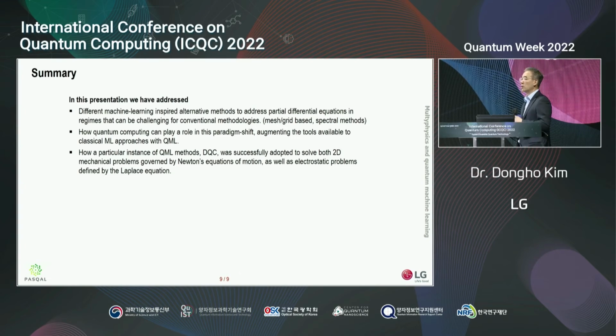Practically, we are implementing the conventional machine learning and the quantum side of machine learning at the same time to lower some kind of risk we may have.